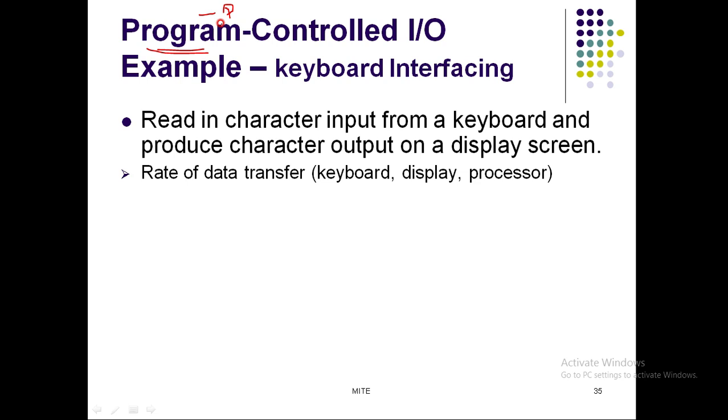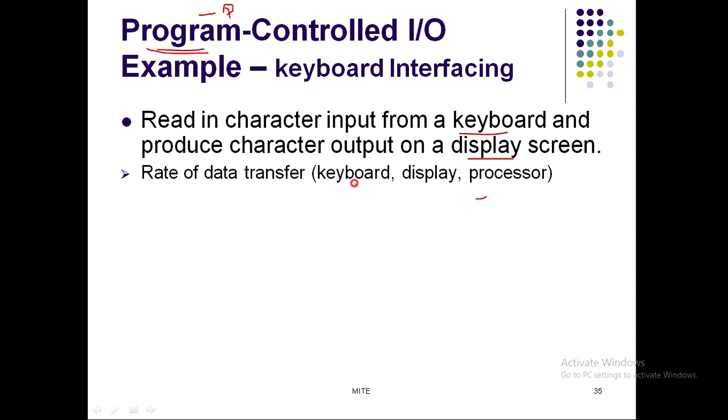Now let us take an example of reading a character from a keyboard and displaying it on the screen. Always remember, the rate of data transfer between devices varies greatly.